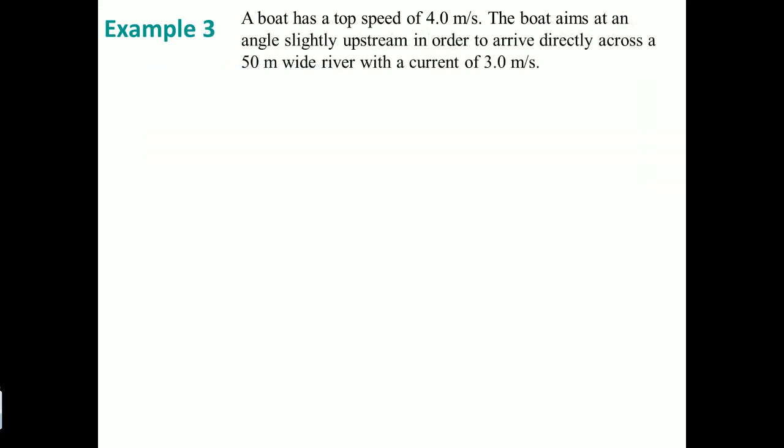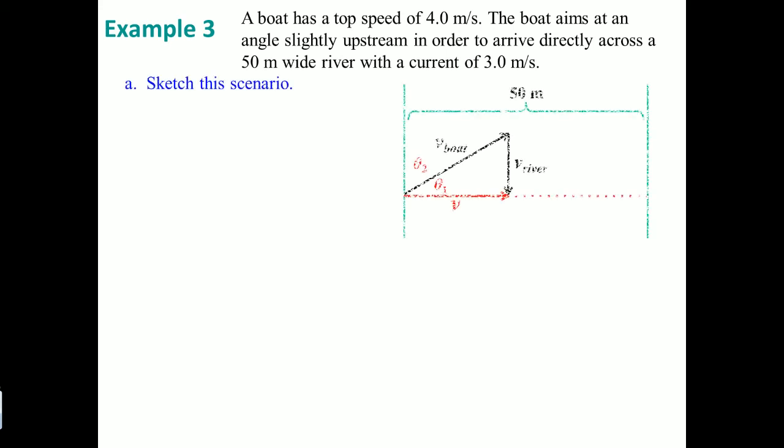Example 3. A boat has a top speed of 4 meters per second. The boat aims at a slight angle upstream in order to arrive directly across the 50 meters of the river. Remember, the river is going down, so if he points the boat upwards, he's going to end up here, which is good because that is what his velocity should be.